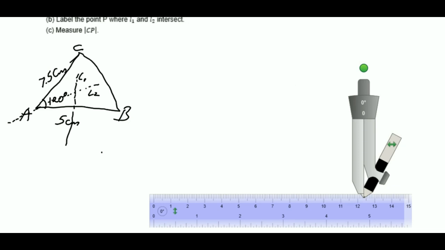First thing first, we need to construct or draw the line AB. If you're constructing, you need to start off with thin lines. When you're done with your construction, you can outline your shapes using a thick line.